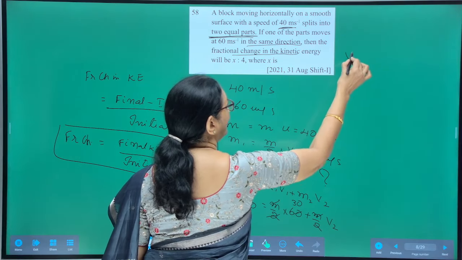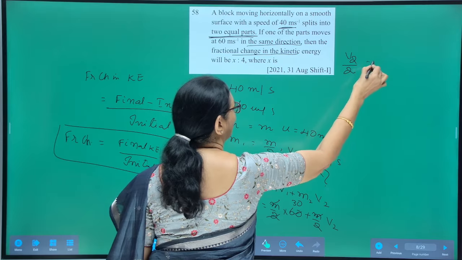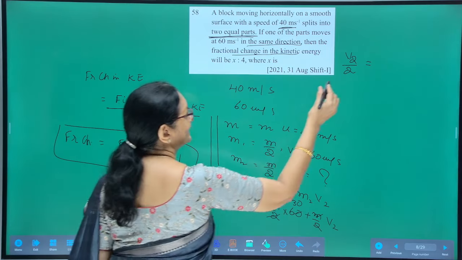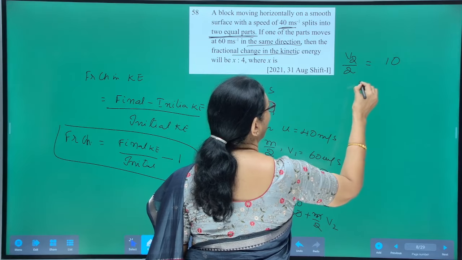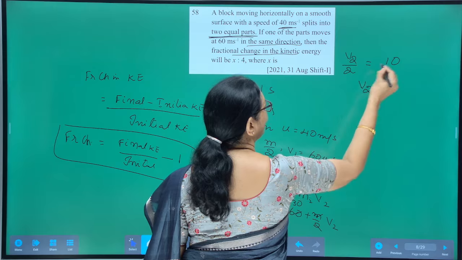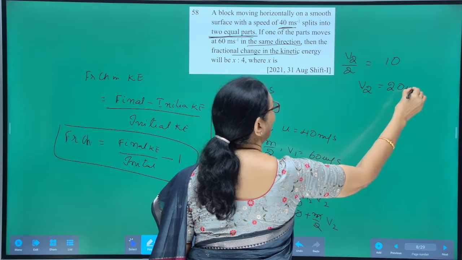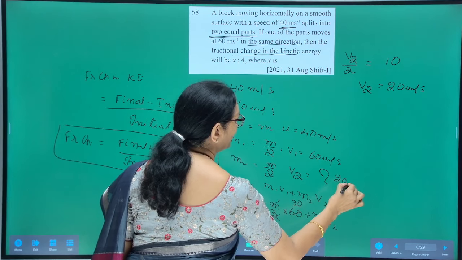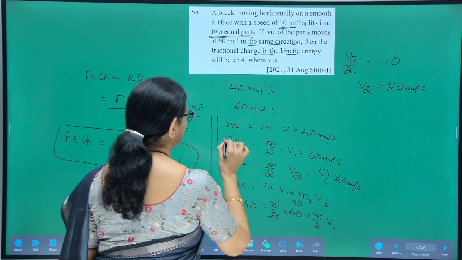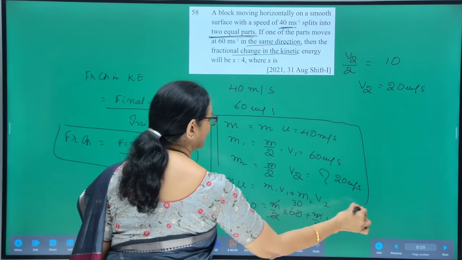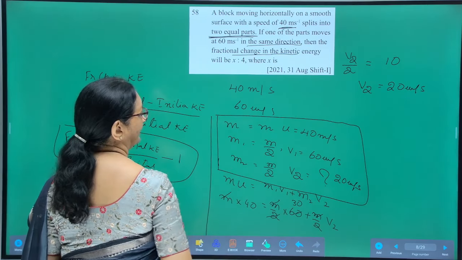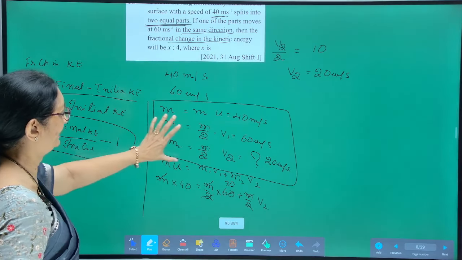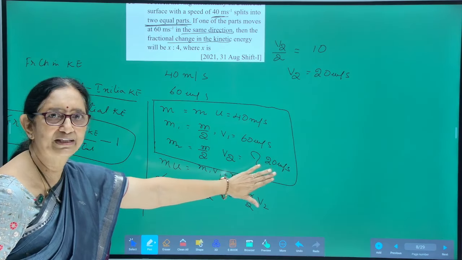So, v2 by 2 is equal to 40 minus 30, that is 10, which implies v2 is equal to 20 meter per second. So, v2 is equal to 20 meter per second. So, this is the data now. The problem is very simple if you come to this step.